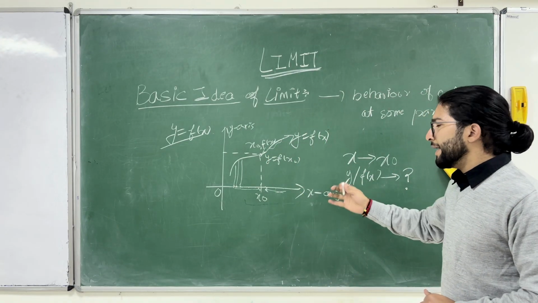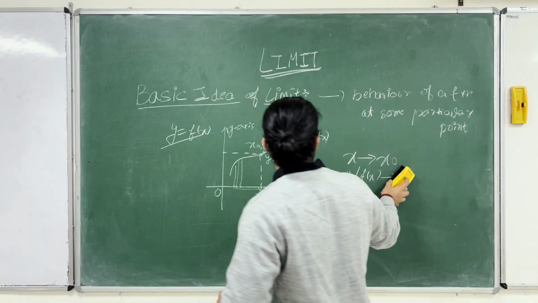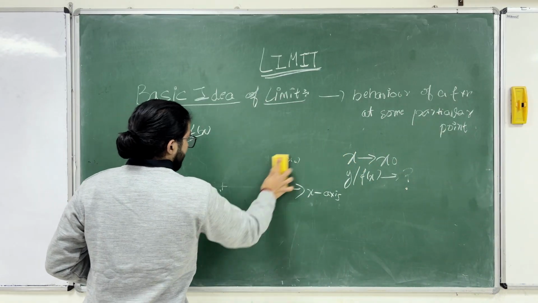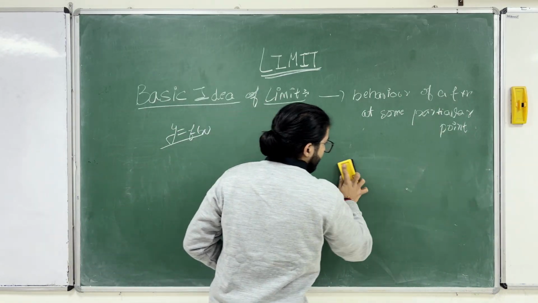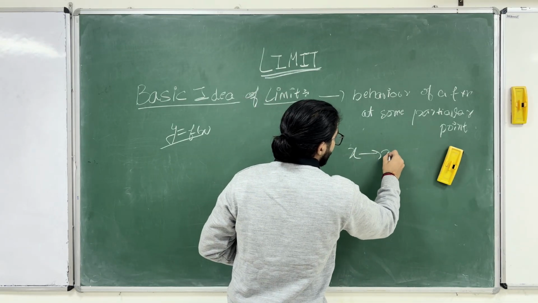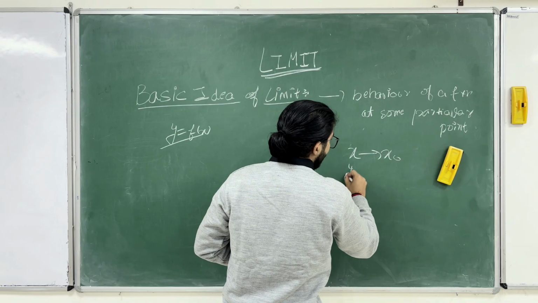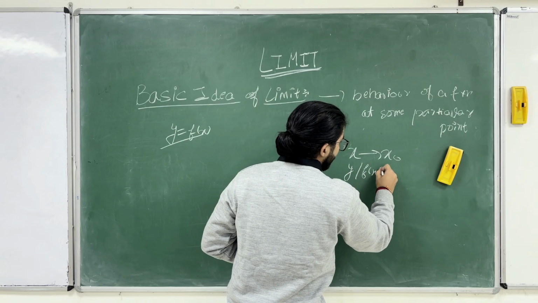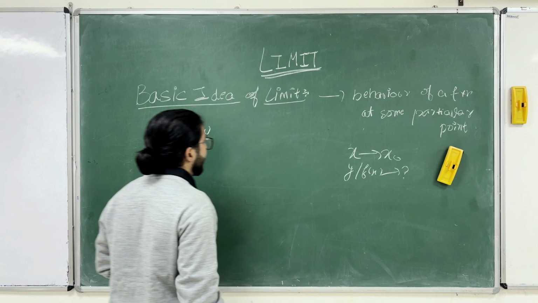So it's the first case. Now let's take another graph. The idea will be the same again: when x is going towards x naught, we have to discuss where y or f(x) is going.